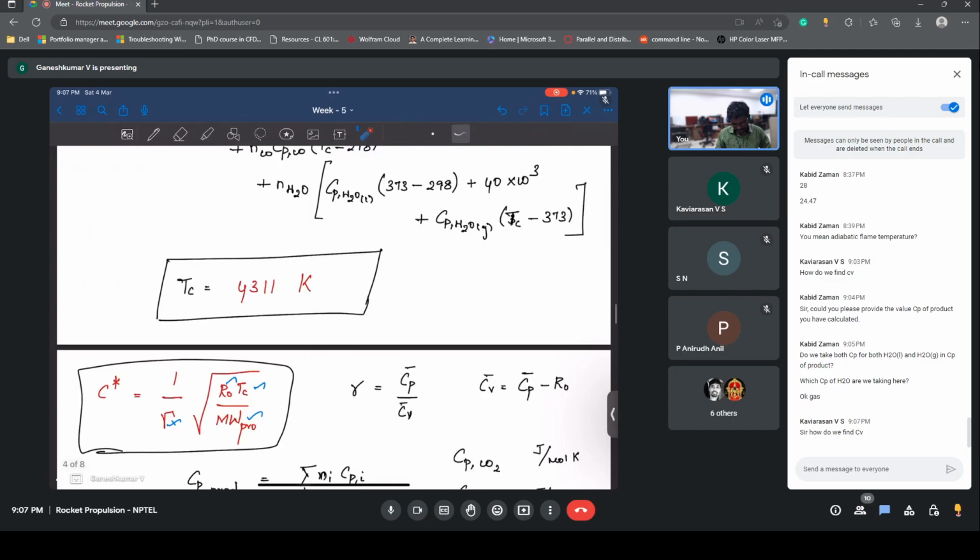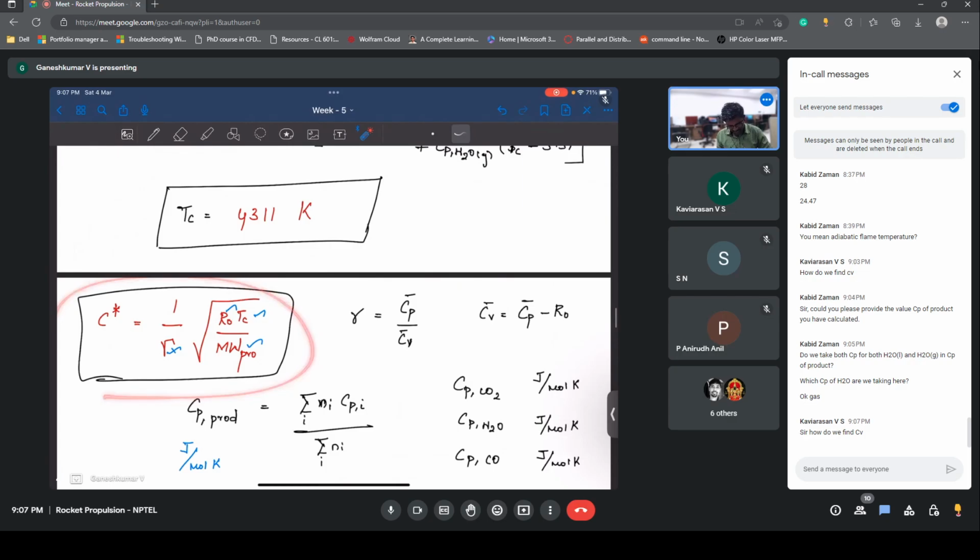But this is not the process through which it goes. This is calculated inside a combustion chamber, okay? From the combustion chamber the products come out and enter the nozzle, right? So if you want to characterize the combustion chamber, you need to find the molecular weight of the product species at the end of combustion. At the end of combustion you are going to have gas, so you should take Cp of gaseous H2O, that's all.